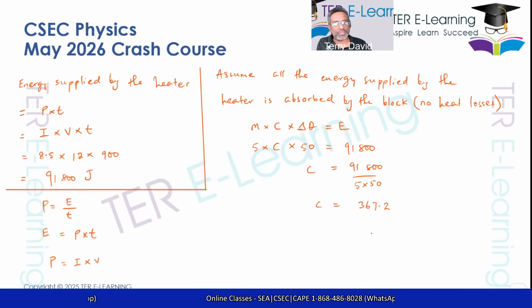Now, what you're getting marks for here as well is the correct unit. This is actually measured in joule per kilogram per Kelvin.